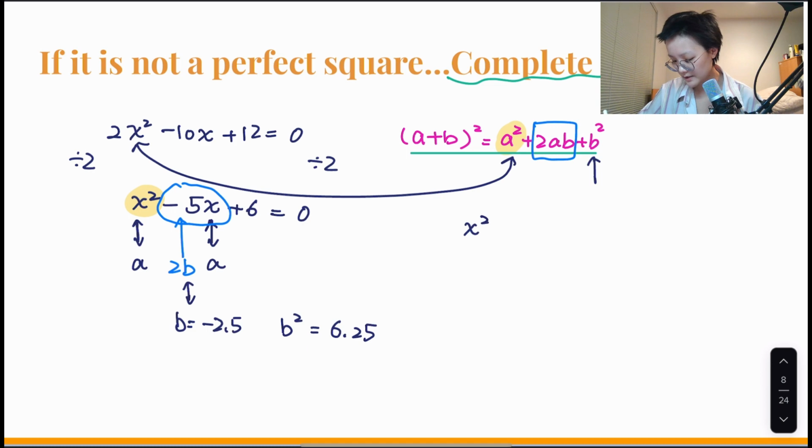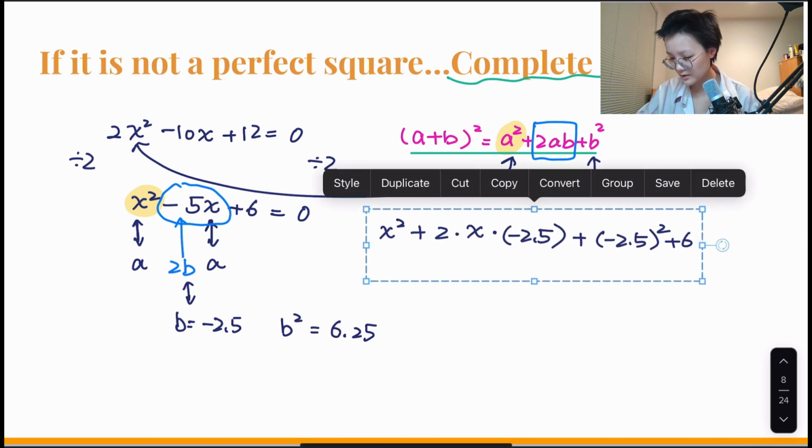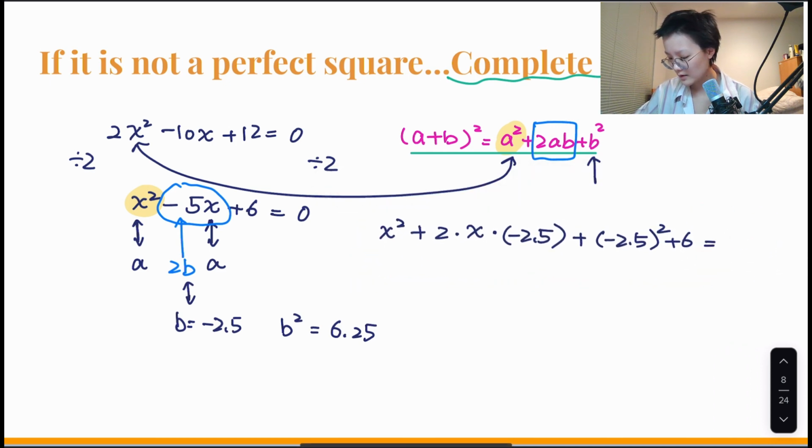Okay, now let's rearrange this to make it a bit clearer. We have x squared, and we have 2ab: 2 times a, which is x, times b, which is negative 2.5, and we also want a b squared of it, and plus 6. Since I add an extra 2.5 squared on the left-hand side, we also want it on the right-hand side.